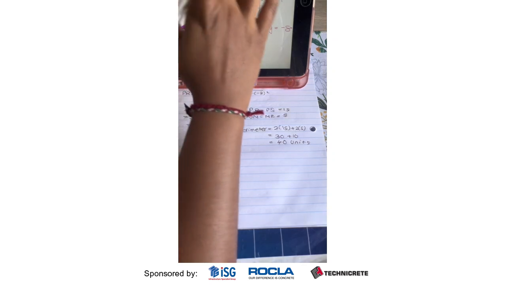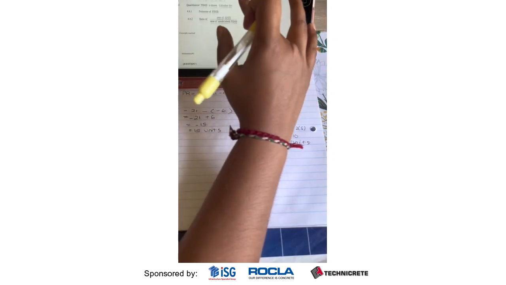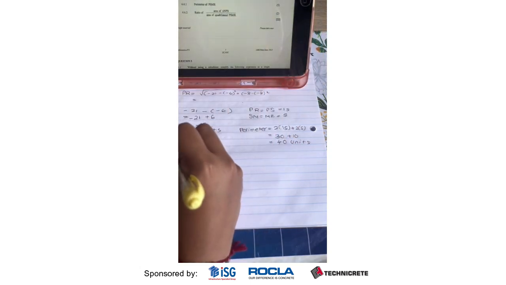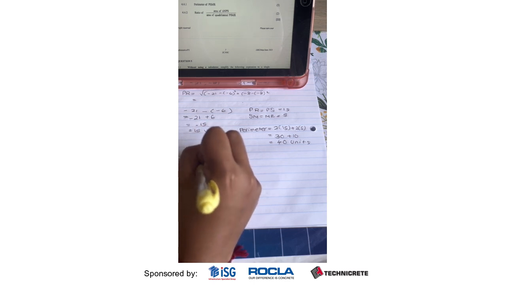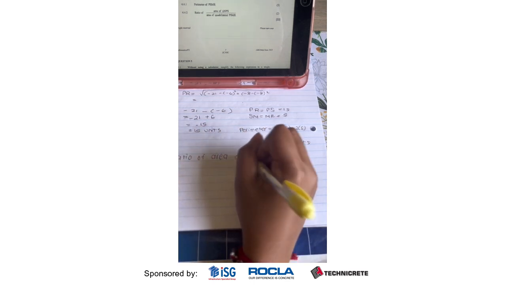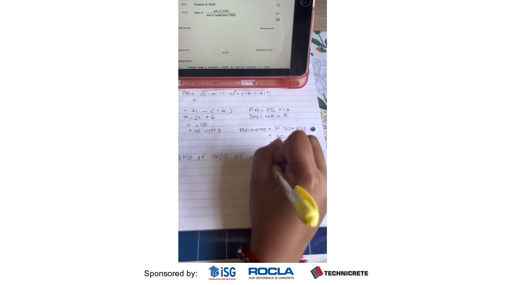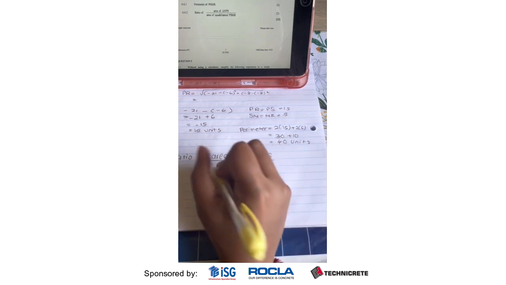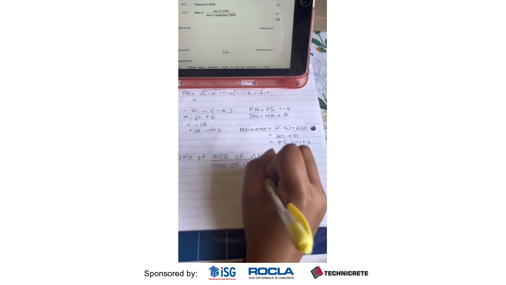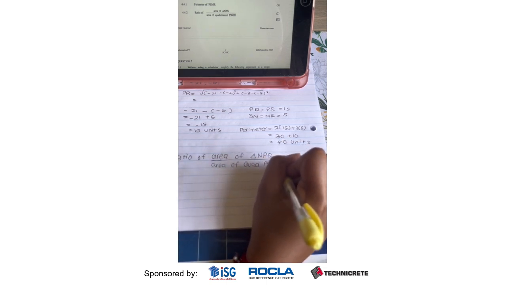Last question that we have in this paper. It's asking us to calculate the ratio of the area of triangle NPS over the area of quad PSMR.